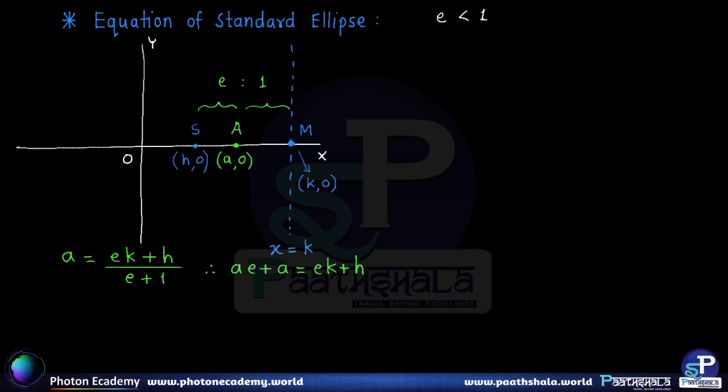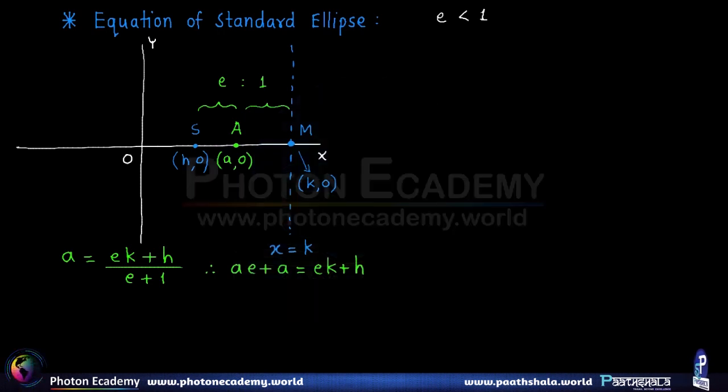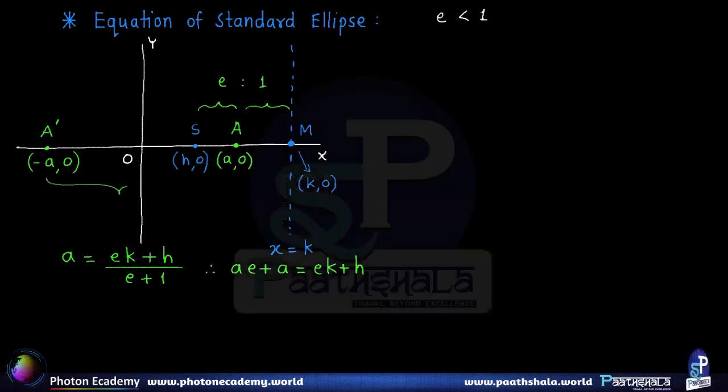Now we can also imagine some point, symmetrically opposite to A, that is A dash, and that will be minus A comma 0. This point will also lie on the same ellipse, such that the ratio of its distance from S to its distance from M is the eccentricity E. The only difference is that here A dash will divide SM externally in the ratio E:1.